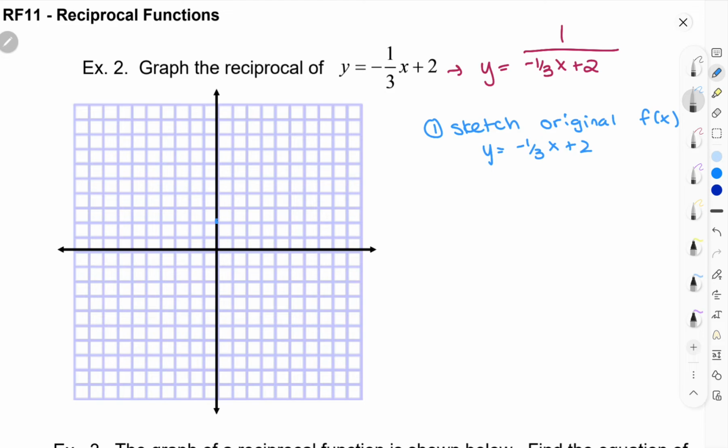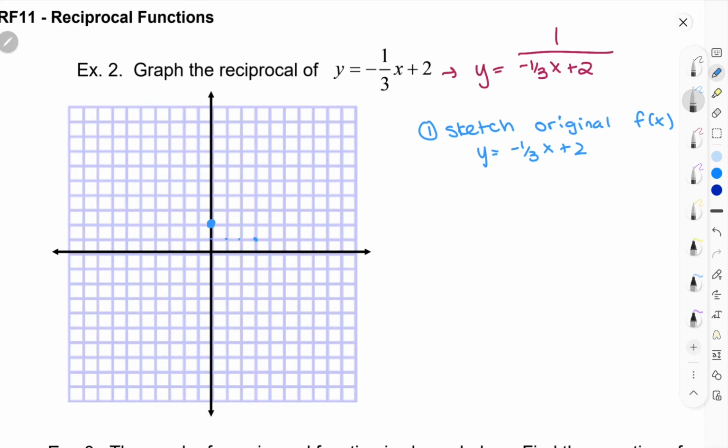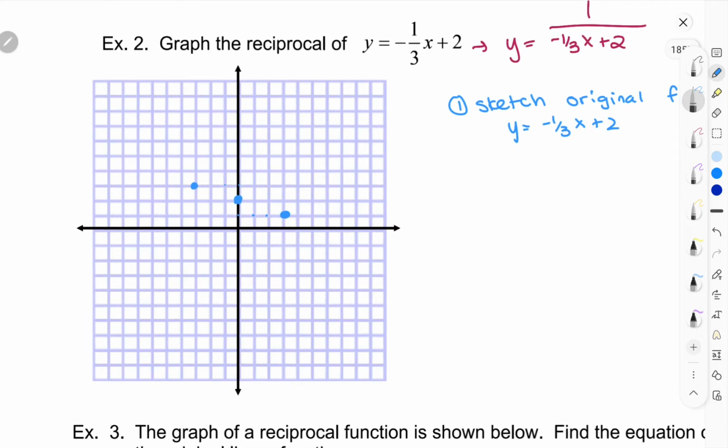So again, I'm going to start at my y-intercept, +2. This has a slope of -1/3. So for every 1 unit I go down, I go to the right 3. Or if I'm going up 1 unit, I'm going to the left 3. Right? Rise first, my y values; run, my x values, second. So up 1 over 3 to the left, down 1 right 3.